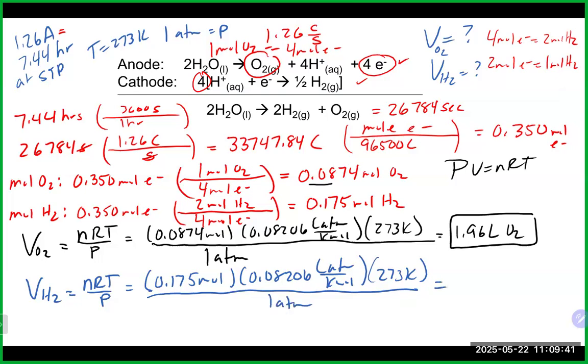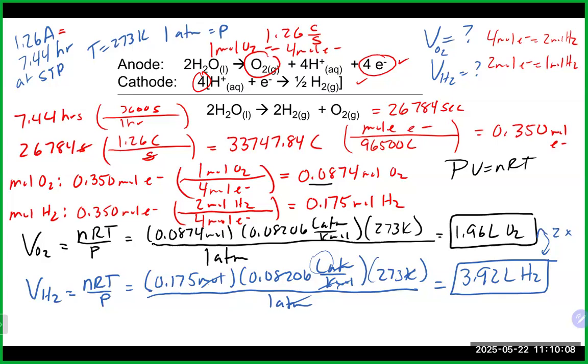Again, putting it in there, everything's going to cancel out but liters: moles cancel, Kelvin cancel, atmospheres cancel, leaves us liters. So 0.175 times 0.08206 times 273, 3.92 liters of hydrogen gas was collected. And dare I say that is 2 times the amount as we had of oxygen, like we talked about.